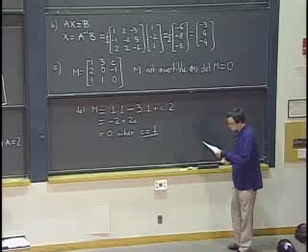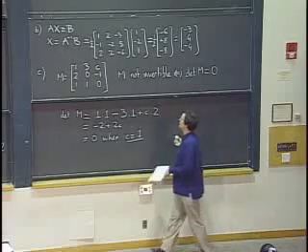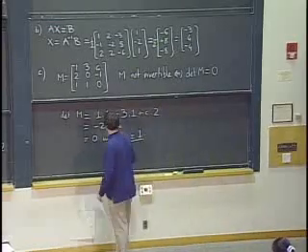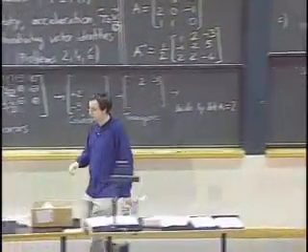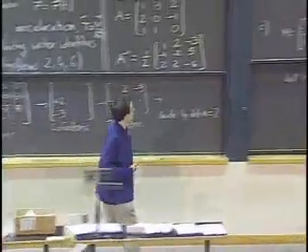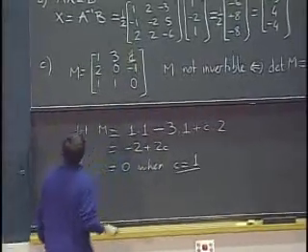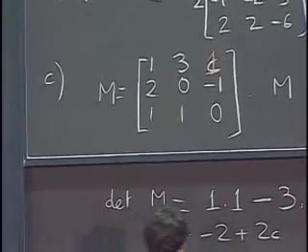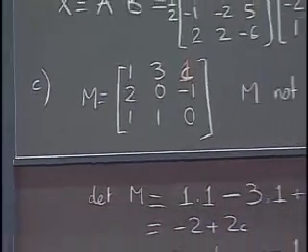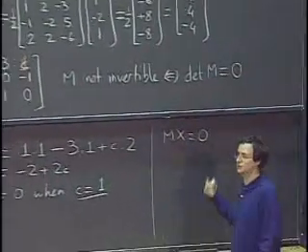Okay, so it goes on to say, well, let's look at this value of c, and let's look at the system Mx equals 0. Okay, so I'm going to put that value 1 in there. Okay. So now if we look at Mx equals 0, well, this has either no solution or infinitely many solutions.